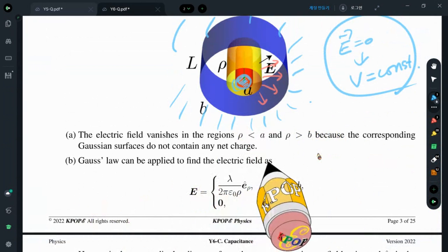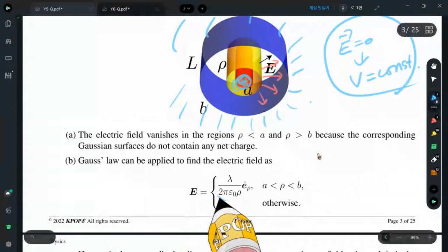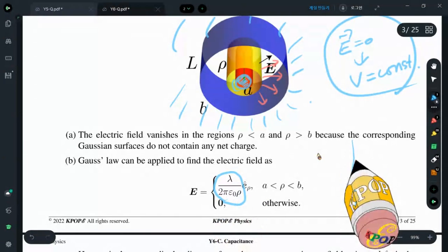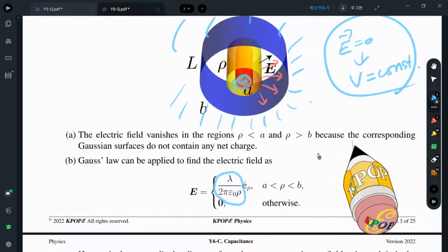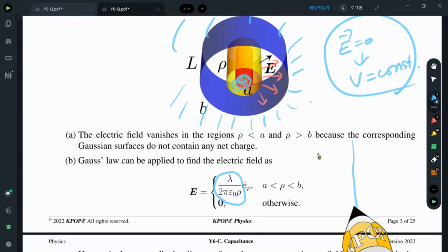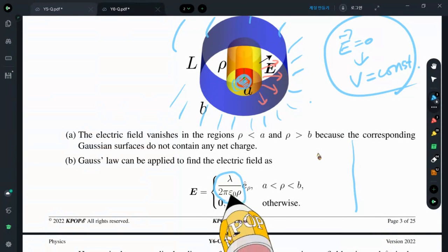Gauss' law can be applied to the electric field. This is identical to the case of just a straight line charge distribution. Okay, so this is similar to the shell theorem.